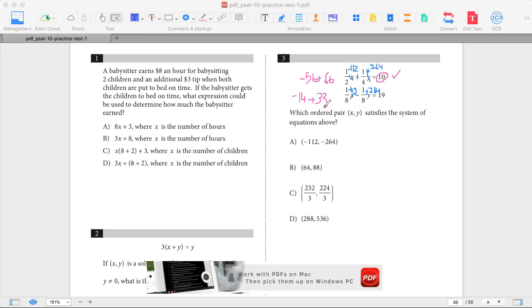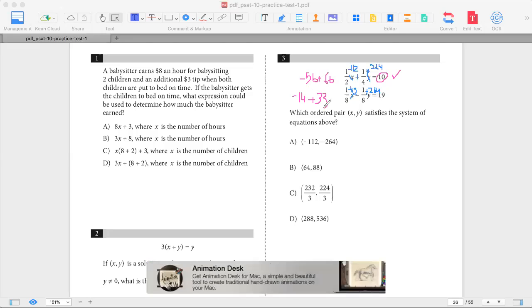Okay, so 33 minus 14 is equal to 19. And we are lucky that we got the correct ordered pair from the first choice. So choice A is correct.